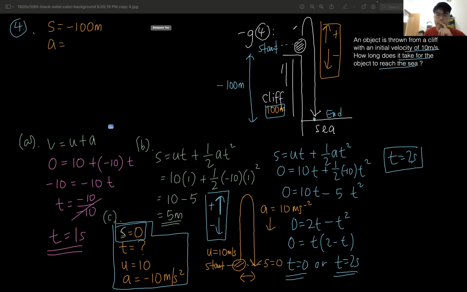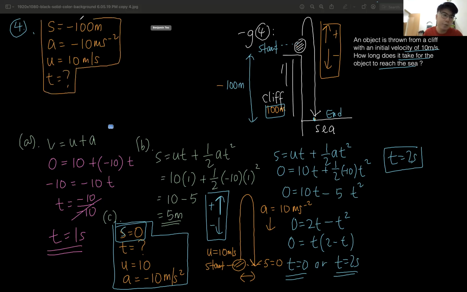Acceleration is minus 10 meter per second squared because that one is negative. Okay. What else do we know? We know the initial velocity u equals to 10 meter per second. How long does it take? So we want to find the t. Okay, check your values. If you get this, then you should be able to get the correct answer.